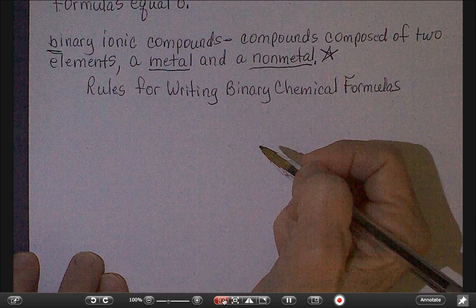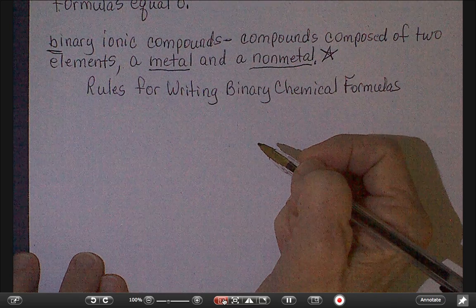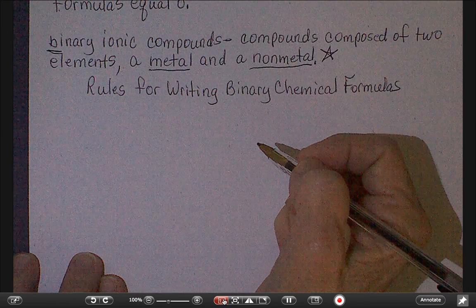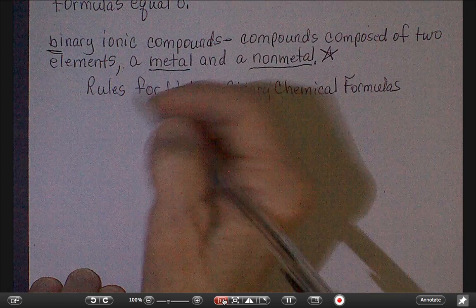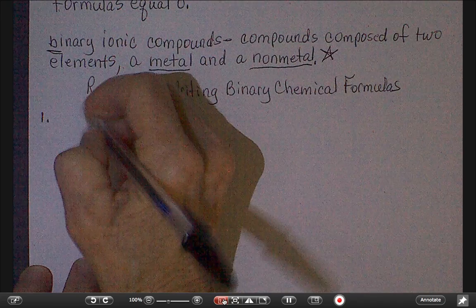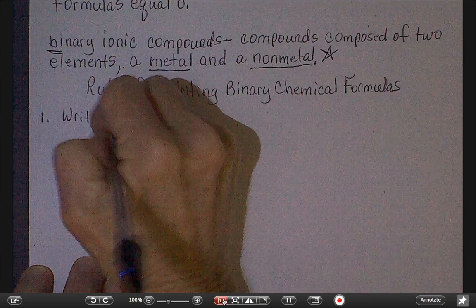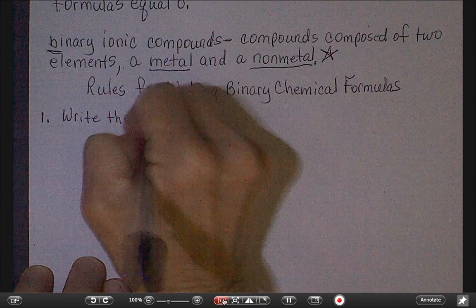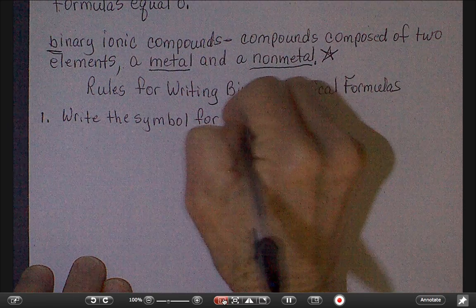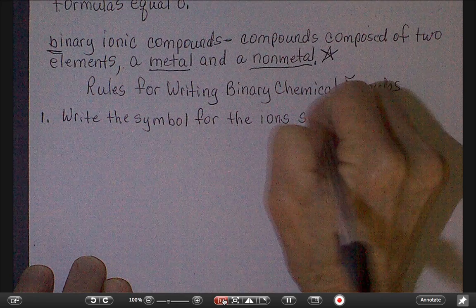Okay, everybody up with me? Number 1. Write the symbol for the ions side by side.